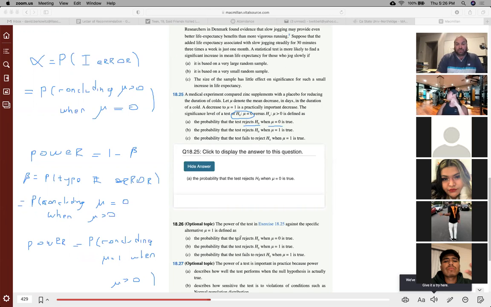So the probability that the test rejects the null hypothesis when mu equals 0 is true, no. The probability that the test rejects the null hypothesis when mu equals 1 is true, good. Or fails to reject the null hypothesis. No, beta is when you fail to reject the null hypothesis. The power is when you do the right thing. The probability that the test rejects the null hypothesis when mu is true. So the answer is B.